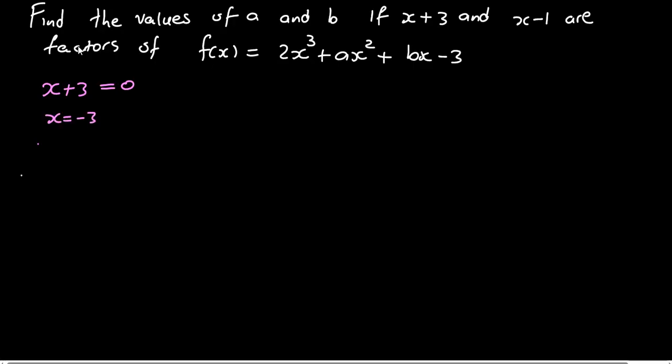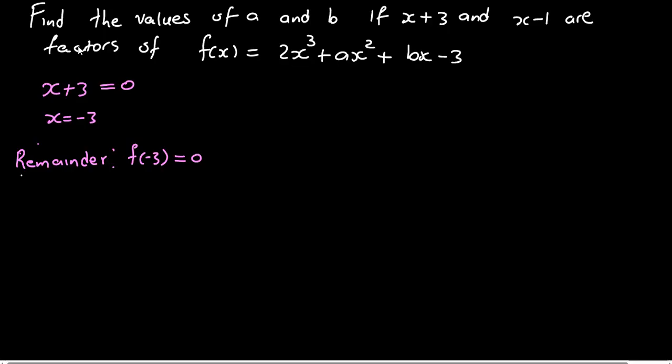So when you have it like that, we know that we have to find what we call the remainder. How do you find the remainder? We need to find f(-3). We equate f(-3) to 0, because they said x plus 3 is a factor.